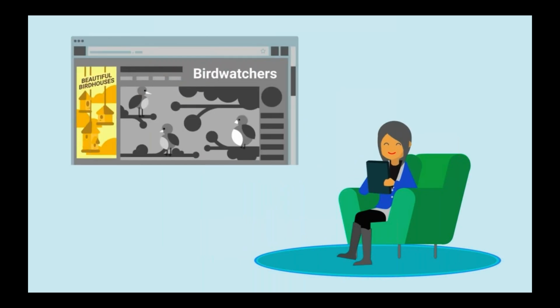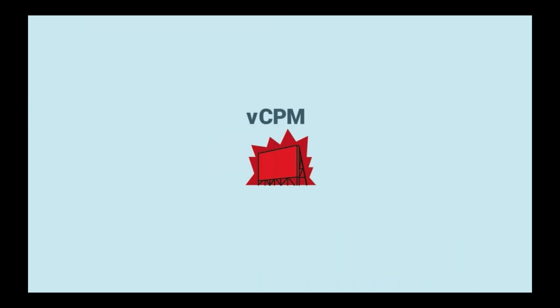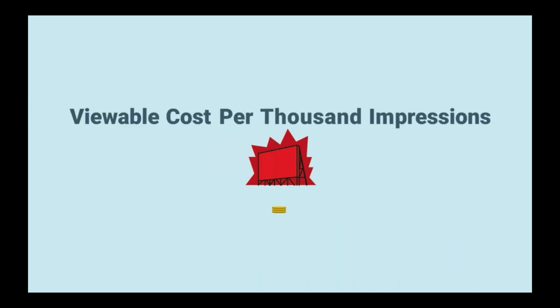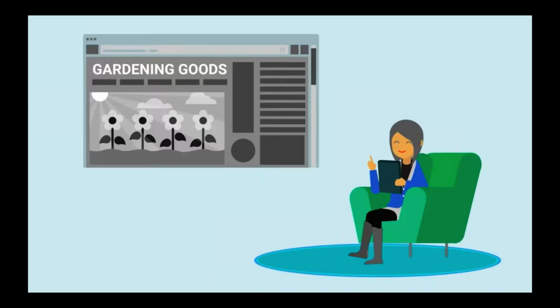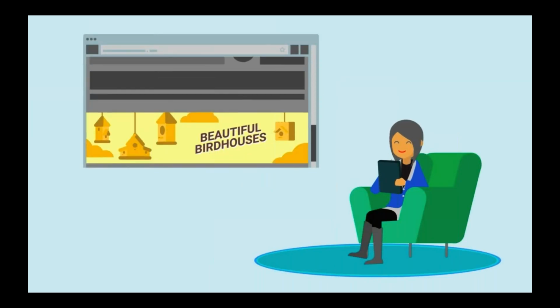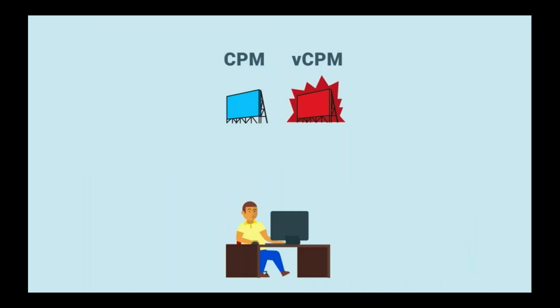Whether people see your ad or not, the price you pay is the same every time your ad is shown. You can also opt for a VCPM, or viewable cost per thousand impressions, to make sure you only pay when your ads appear in visible areas on the internet.